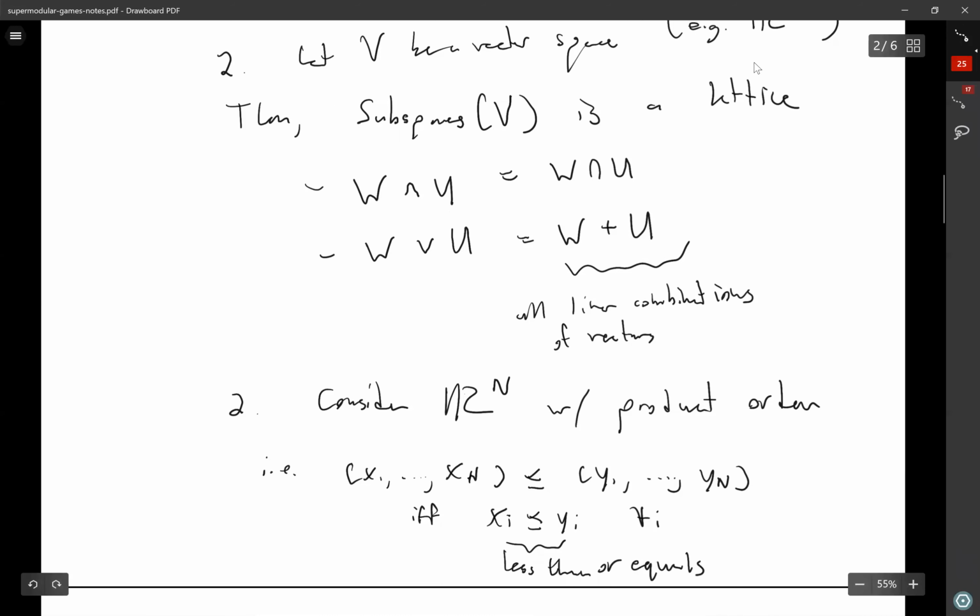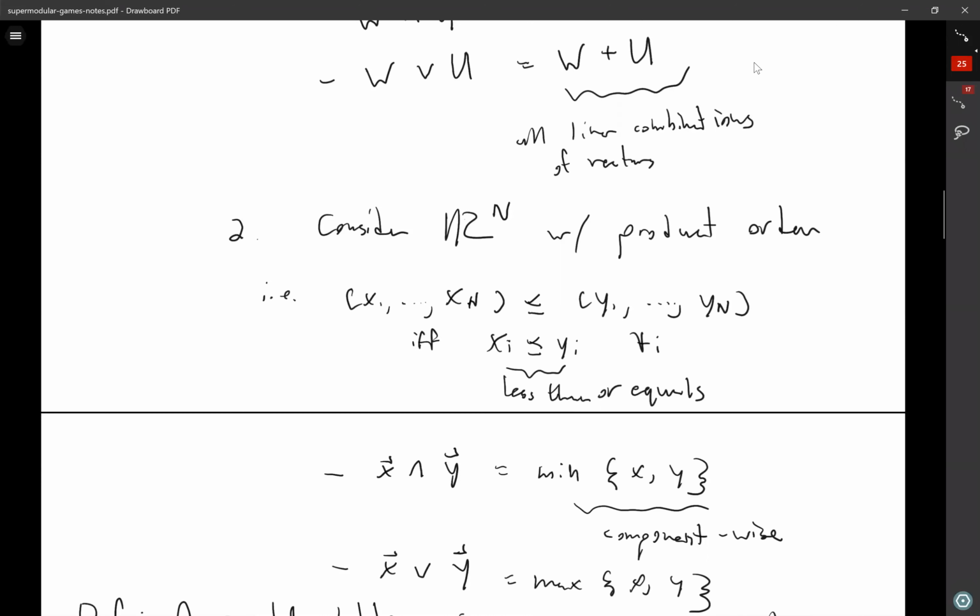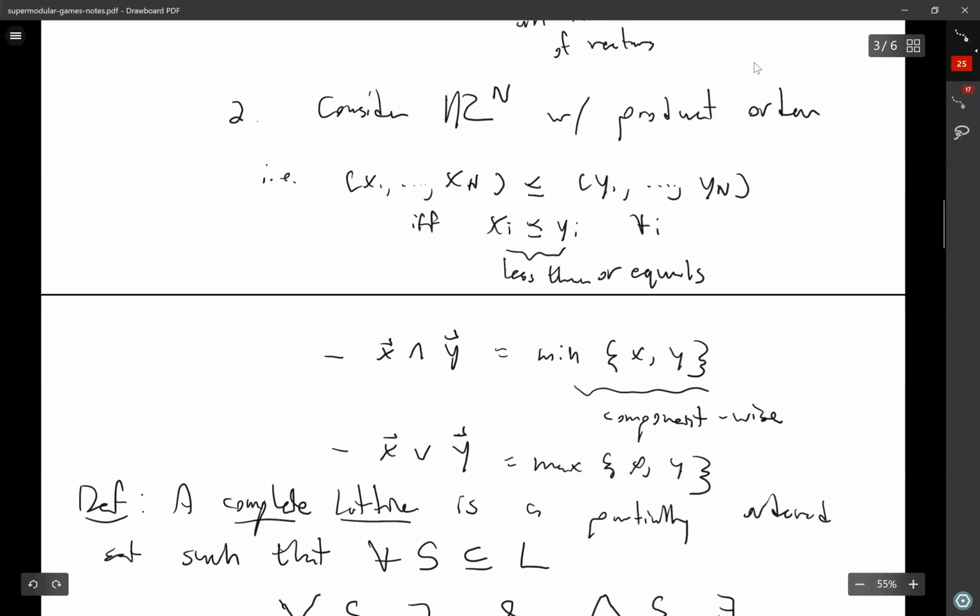A third example: consider the real numbers, vectors, n-tuples, with a product order, meaning that this vector is less than or equal to that vector if every component is less than or equal to the component of the right-hand vector.